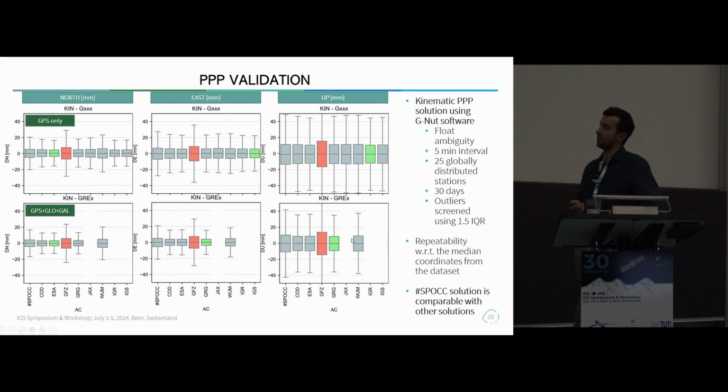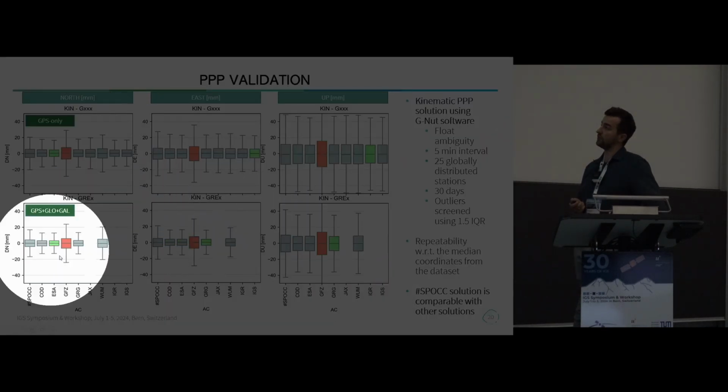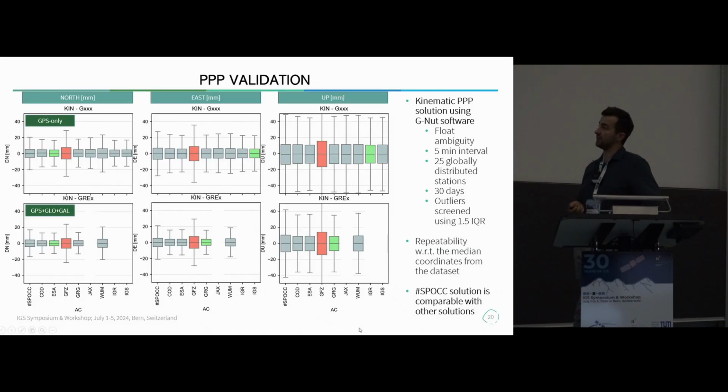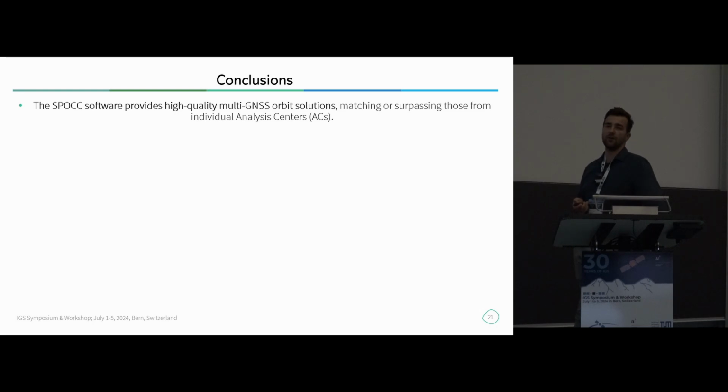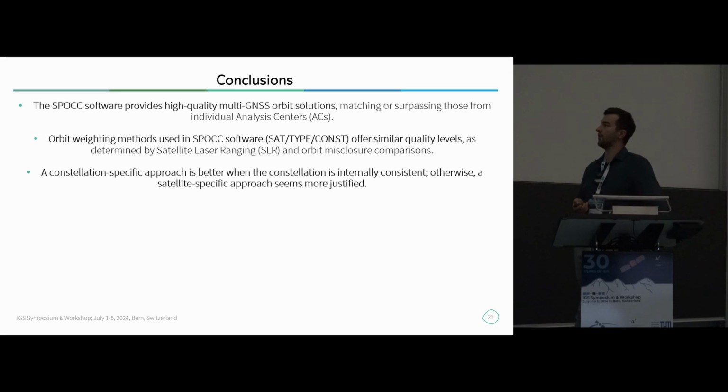Here we have the results of GPS-only solutions and GPS, GLONASS, and Galileo solutions for north, east, and up components, and the combined solution is the most left. The key message from here, because I'm running out of time, is that our solution is comparable with other solutions, but we didn't say the final words because we're still working on the clock combination.